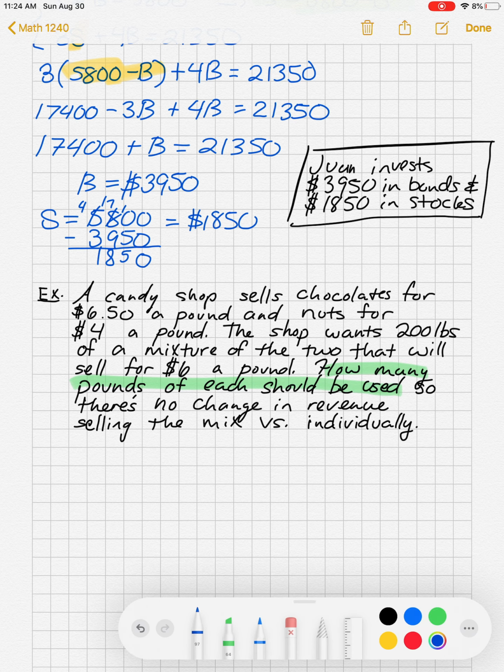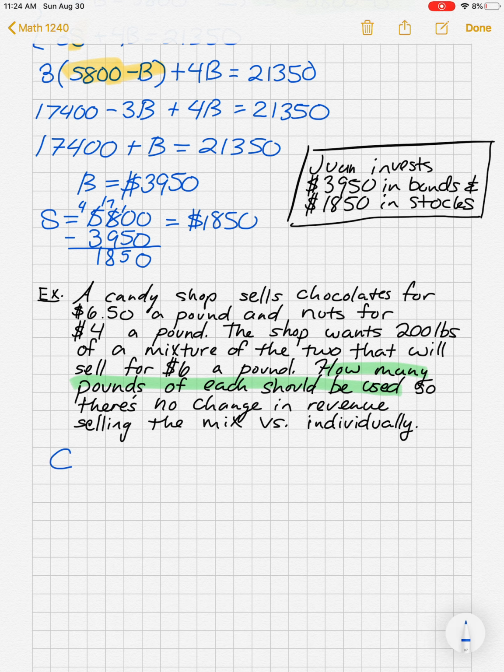So first thing I see is how many pounds of each. So I guess I'm going to pick my variables. So C, let's do the pounds of chocolate. And then N, the pounds of nuts.